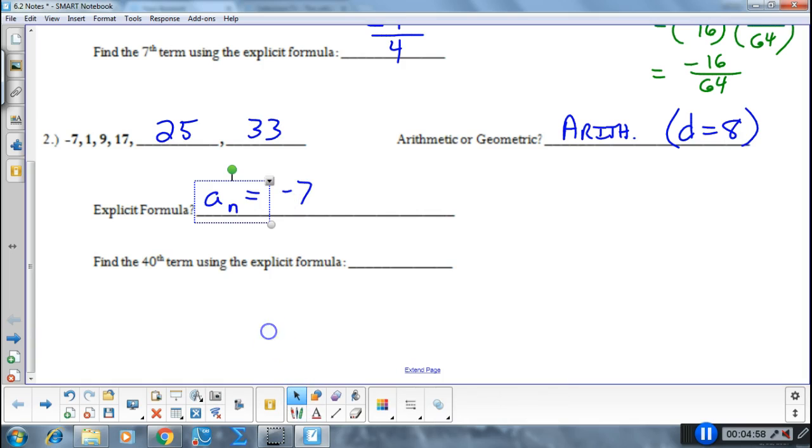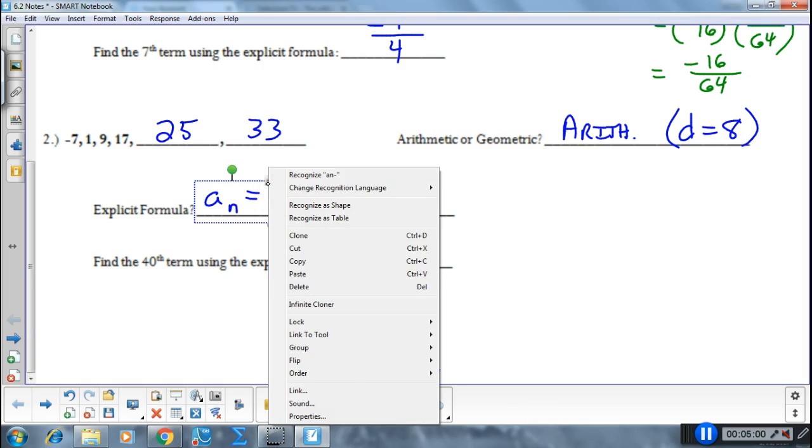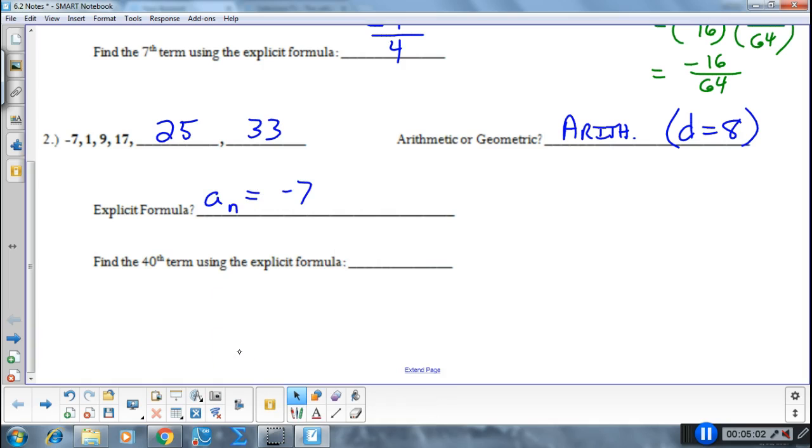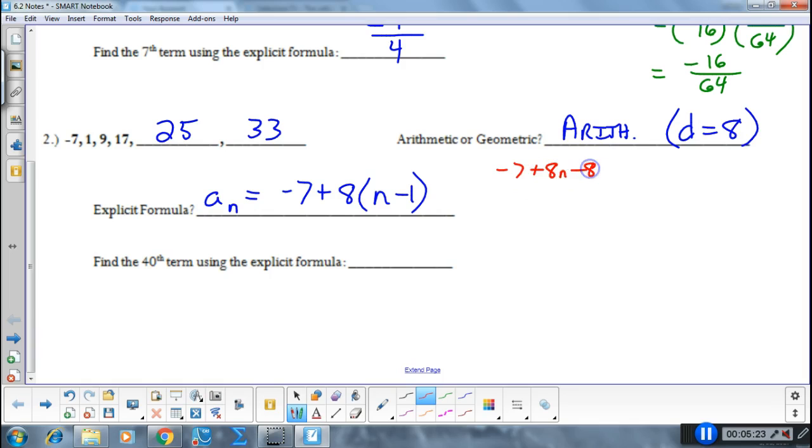Negative 7 plus 8, because 8 is my d, times n minus 1. Okay? Now, if I made that look nice and pretty, then that would be like negative 7 plus 8n minus 8.